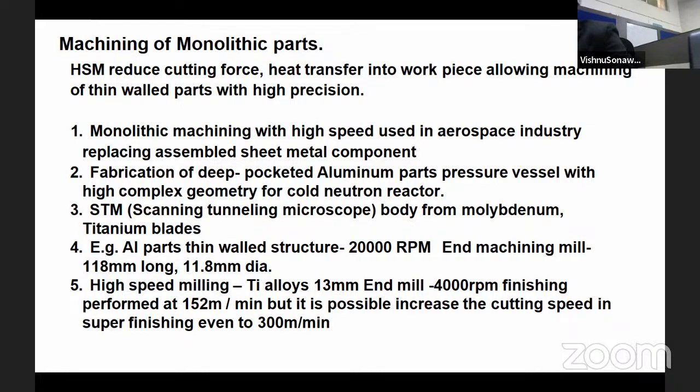We go for high speed machining due to the lower cutting force and less heat transfer into the workpiece, allowing machining of thin walled parts with high precision. This is with high precision and high cutting speed, for aerospace industries and for press work in the sheet metal industry.